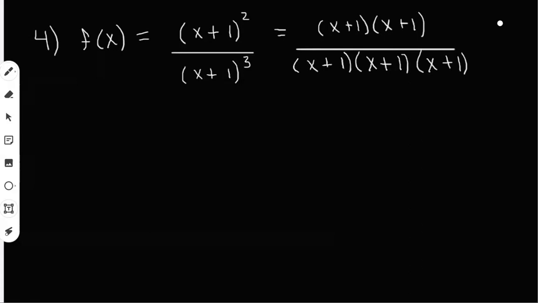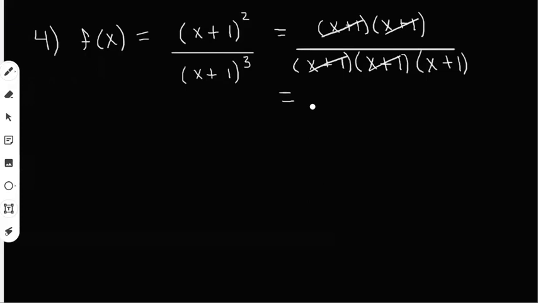Okay, so this is the expanded version. What 2 factors are going to match on the top and the bottom? The x plus 1s can cancel out. We also have another pair of x plus 1s. I can cancel those out. So really what I'm left with is nothing on the top, but an x plus 1 at the bottom.